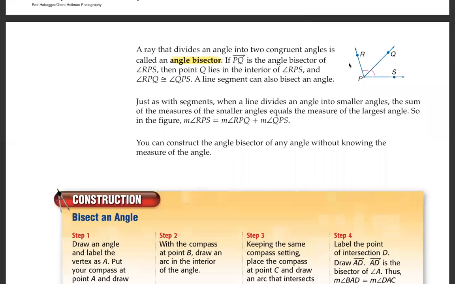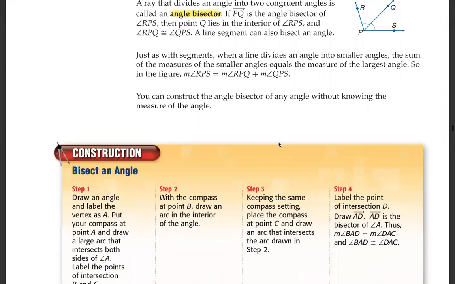So it's just like part one, RPQ, a smaller angle, plus another smaller angle QPS. Together, they make the big angle RPS. That's a basic way to also construct an equation involving two angles that share a common side.